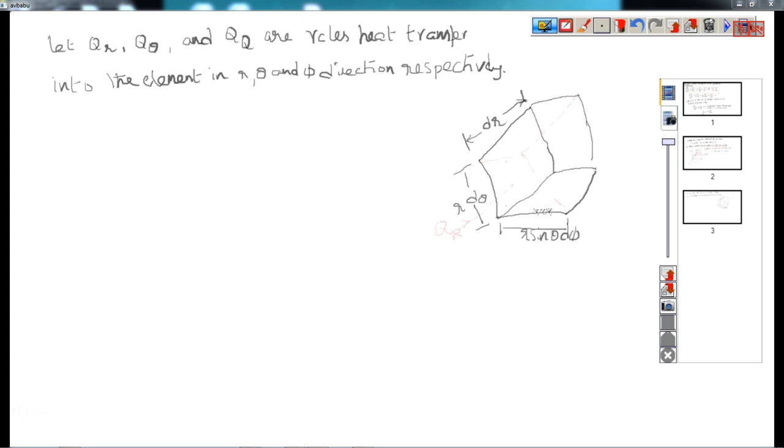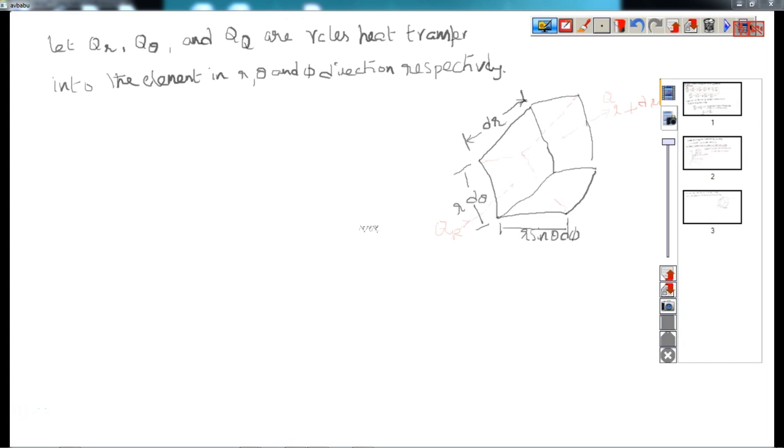Okay, right. Now similarly, after this elemental dr, the heat rate at which it is coming out of the system in the r direction is equal to Q r plus dr. Okay, if you are thorough, then I'll go to the next direction.